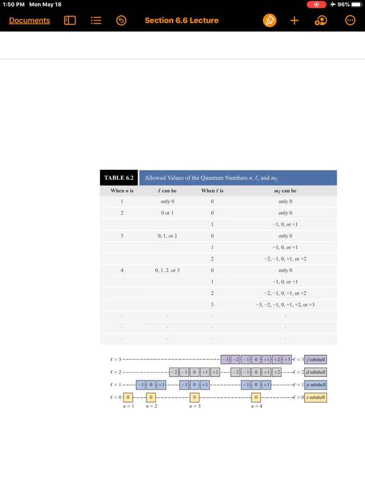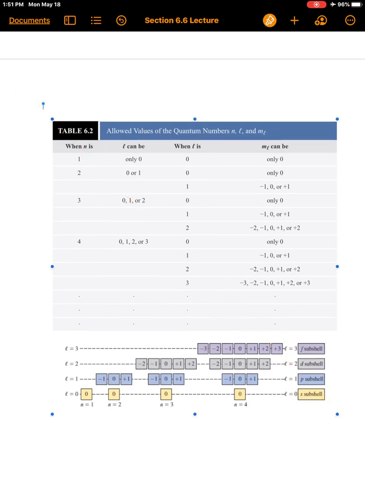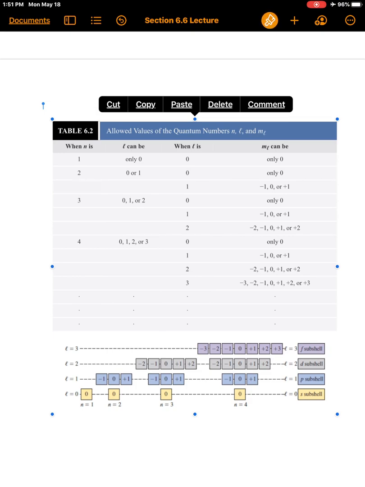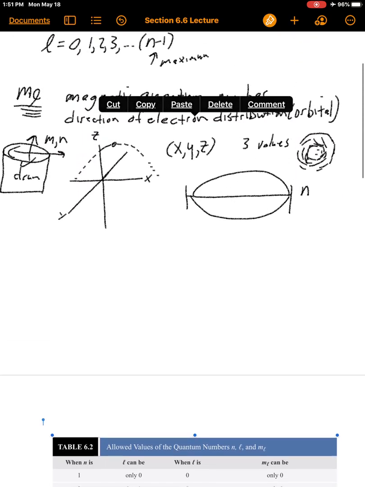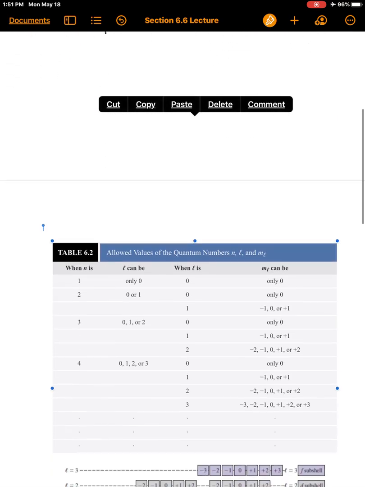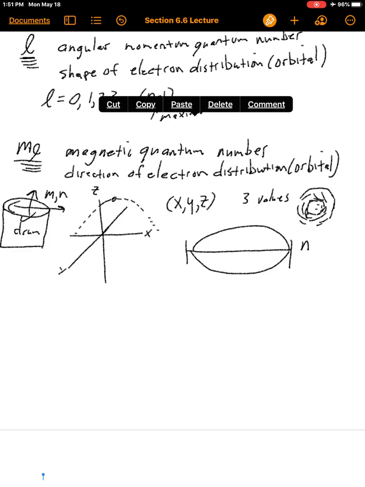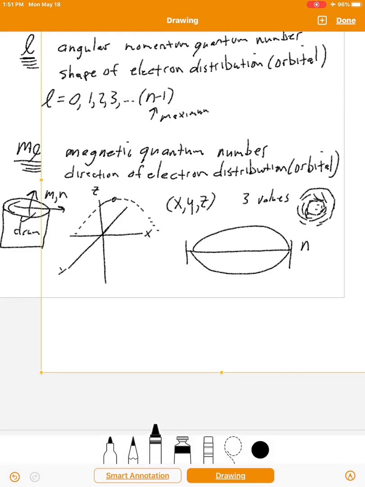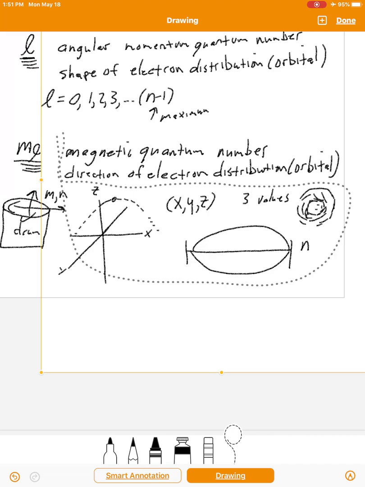So what this says is that if n is 1, L has to be less than 1, but still be a whole number, and it can't be negative. So if n is 1, the only possible value is 0. Oh, I didn't actually tell you what the rule of m sub L is. I described the orbital, but I did not go through and tell you what the numerical values of m sub L are. So let me show you what that is.